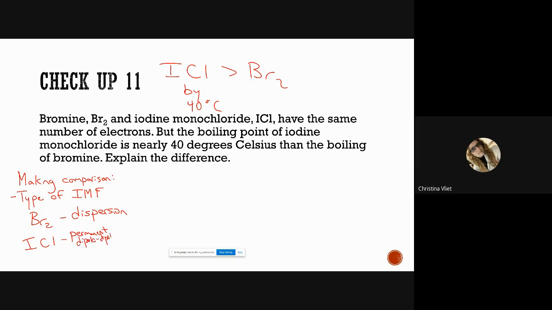Because ICl is polar, and without numbers, you just have to make that decision based on two different elements. Iodine is a different element than chlorine, so they have different polarities. That means that one's going to be more electronegative than the other, and so it's permanent dipole-dipole. Here's the deal. When we talk about boiling, we are once again talking about separating, in this case, molecules.